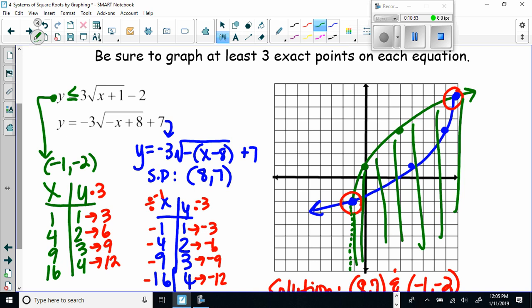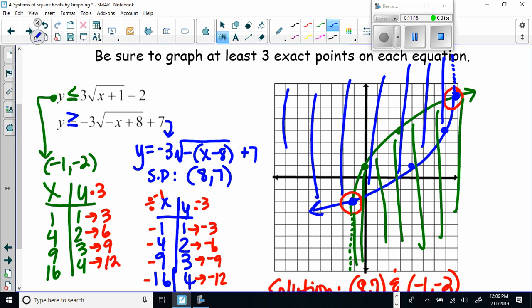So let me take the other one, and how about if I shade this one greater than or equal to? We're going to be above the line. So same idea. Wherever your starting point is, you're going to kind of extend it, and then you're going to stay to the side of it, if you would.